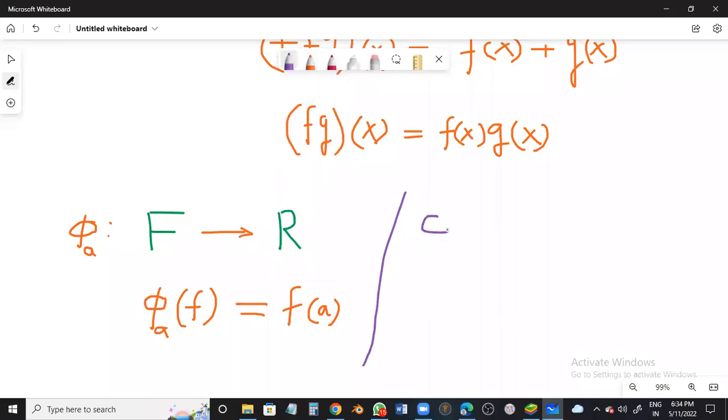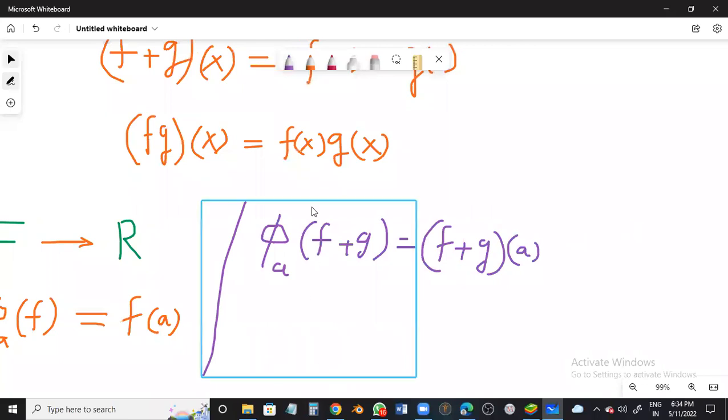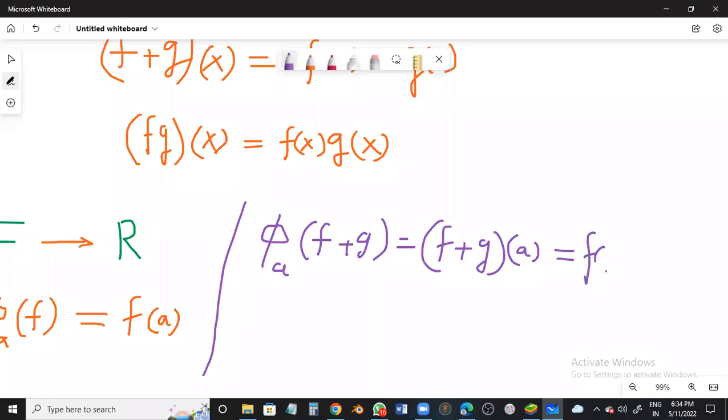Let us have phi A operating on the sum F plus G. Very naturally, the output will be F plus G operated on A. But by the given definition of addition, this will be F of A plus G of A. Now can I call F of A as phi A of F?